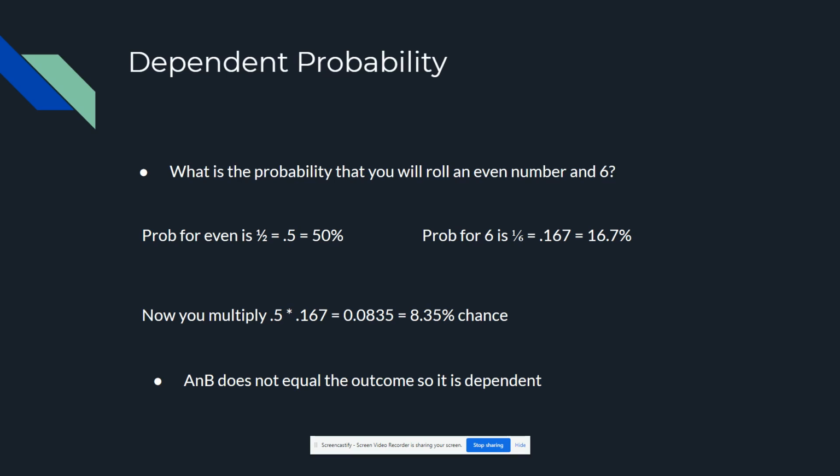Now that A and B does not equal the outcome, it is dependent. What I mean by that is adding your 1/2 and 1/6 does not equal 8%. So 50% plus 16.7 does not equal 8. So that will make it a dependent probability or a dependent problem.